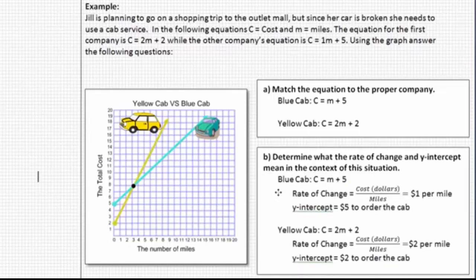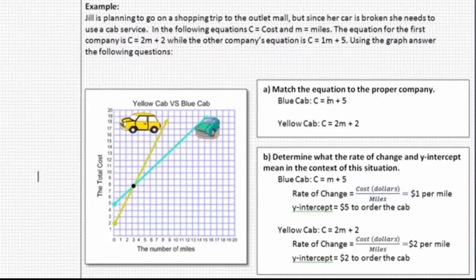So if we're writing that out, here it is written in what I just explained. Our rate of change, or our slope, our rise is the change in the y, which is representing the cost in dollars, and the run, which is our change in x, that's representing miles.